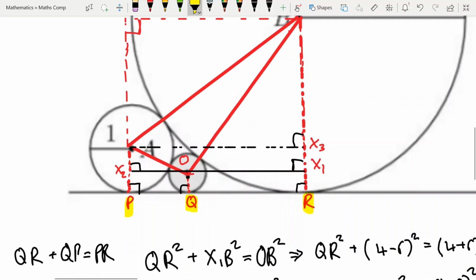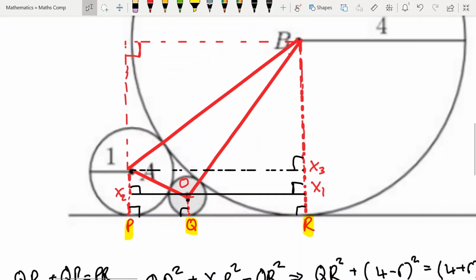From this, if we construct another line parallel to PQR going through the center O, parallel lines have the same right angle, and we let the points of intersection of the perpendiculars going from A to P and B to R be x2 and x1.